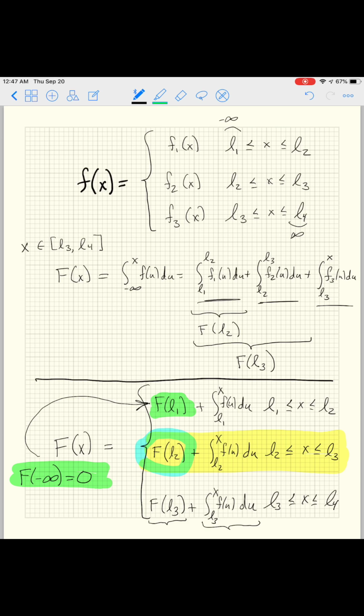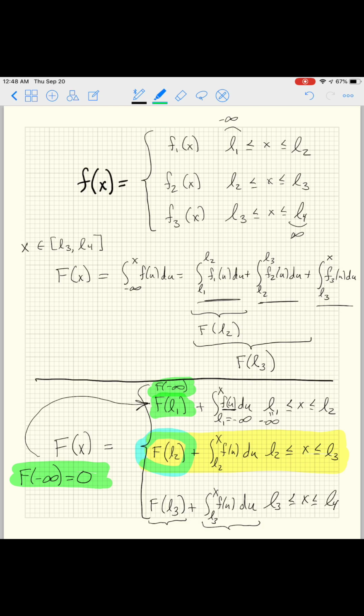Every CDF is effectively going from minus infinity to x of the PDF in that early region, which goes from negative infinity up to the breakpoint for the next region. So there is implicitly this F of negative infinity hanging out in front, and we say, by convention and by definition, that a CDF has to be equal to 0. Its limit has to be 0 as you go all the way out to negative infinity.